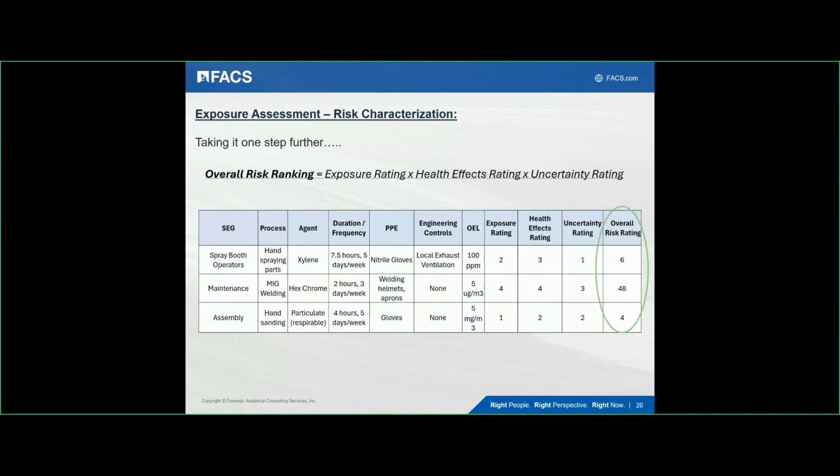So taking it one step further, right, and incorporating uncertainty to help you further rank and prioritize these risks.